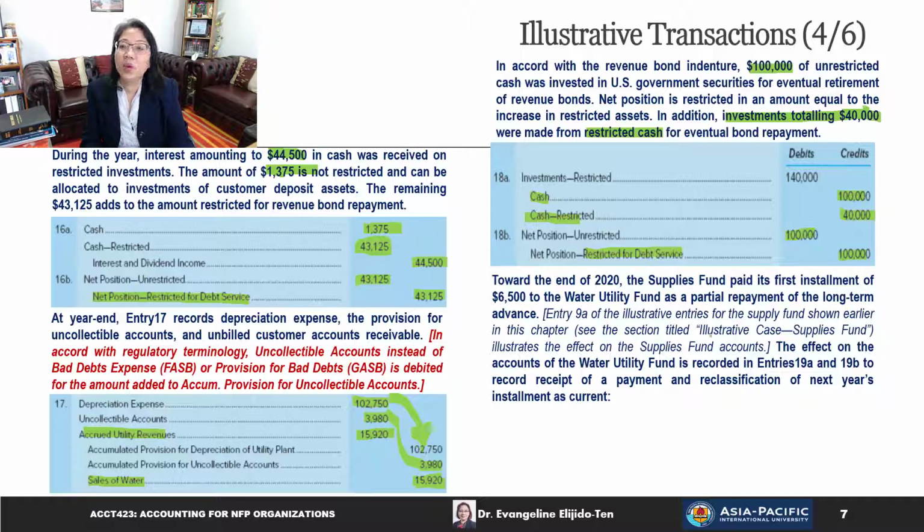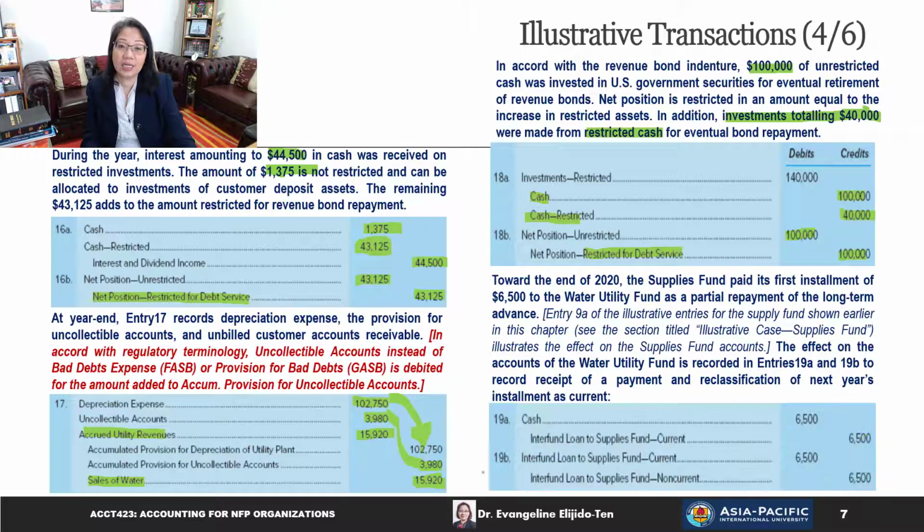So now we are going to record the effect on the accounts of Water Utility Fund. So in entry 19A, because Water Utility Fund is receiving cash of 6,500, we'll debit cash 6,500 and we'll credit inter-fund loan to Supplies Fund current, the current portion, 6,500, thereby reducing the inter-fund loan to Supplies Fund current.